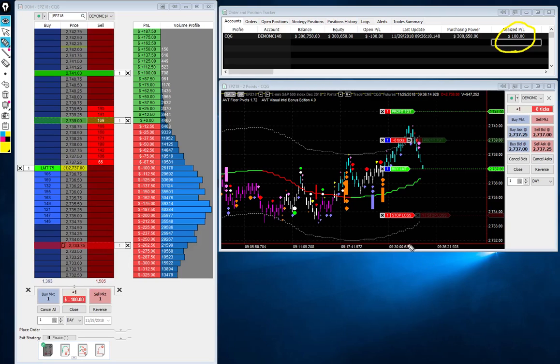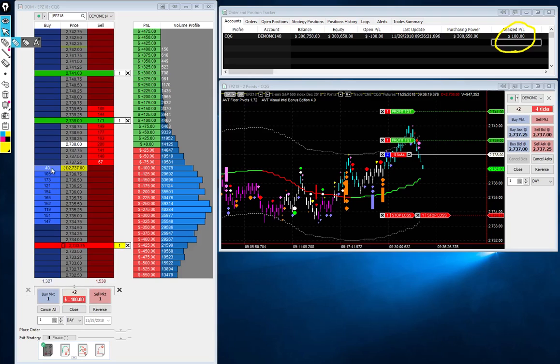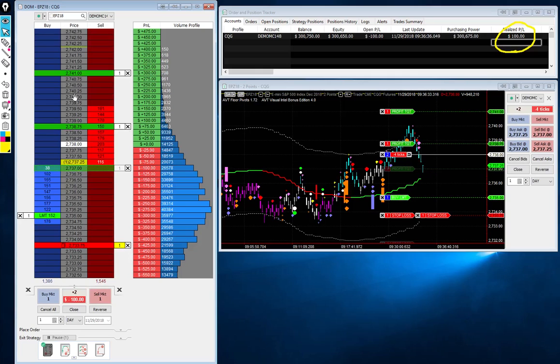So here's if I should get filled in just a minute. There I'm filled at 37. So I'm actually going to enter my next one at 35. Now that I'm in 2 units, I want to set my profit targets and my exit points.